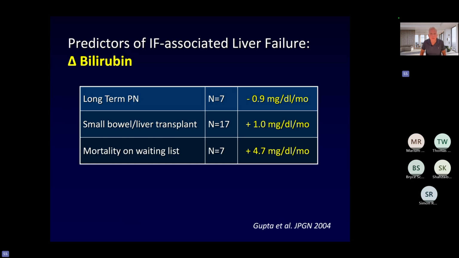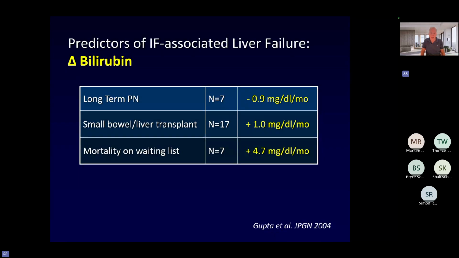The number one predictor, of course, is your bilirubin level. Patients who are on long-term TPN had a reduction in bilirubin of 0.9 milligrams per deciliter per month. Eventually, these patients would be expected to be able to be weaned from parenteral nutrition.